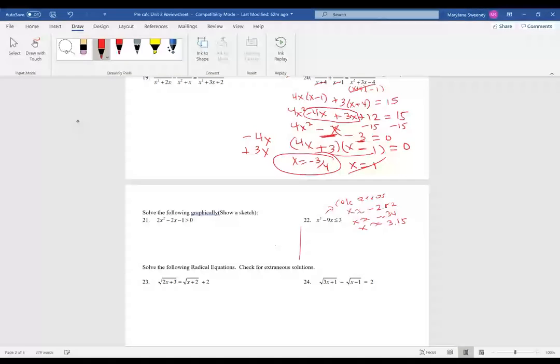So what this looks like, right about here, it is equal to, so I'm going to color that in. So negative 2.82, negative 0.34, and 3.15. Those are zeros. And then the graph looks somewhat like this.